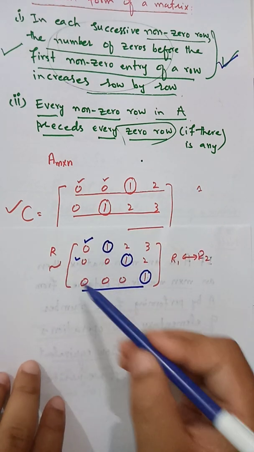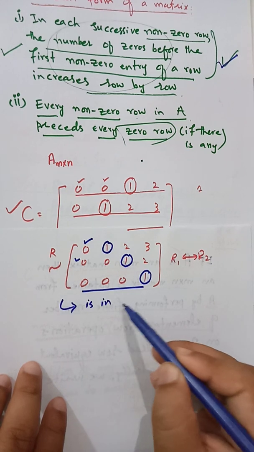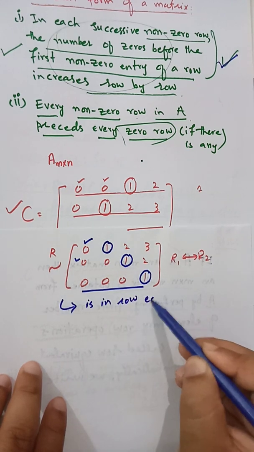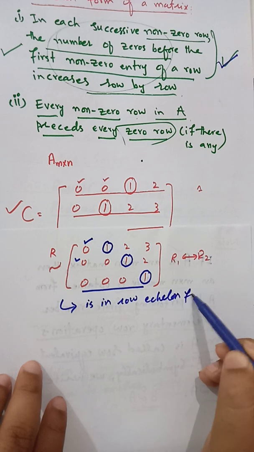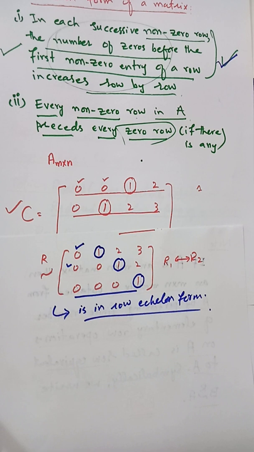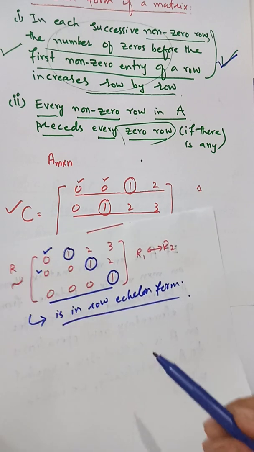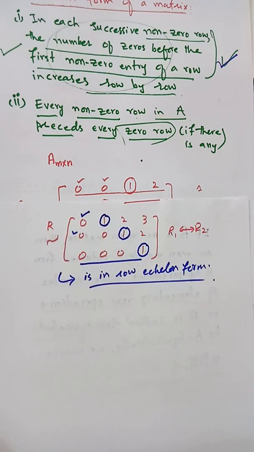So this matrix is now in row echelon form. Row operations and column operations are used to convert a matrix into row echelon form. By row operations we convert a non-row echelon form matrix to a row echelon form matrix.